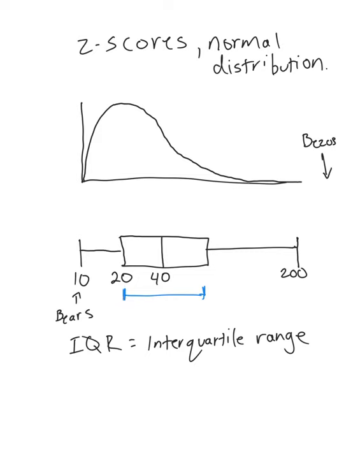And they say the interquartile range is, let's say, 50. So since the interquartile range is 50, that means from 20 to whatever number, there has to be 50. So that makes this number over here 70, and that is how we would estimate that.